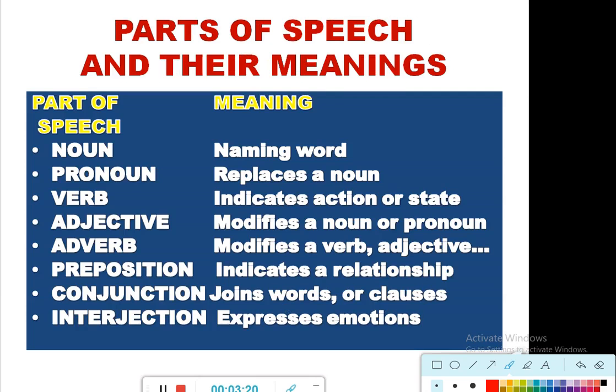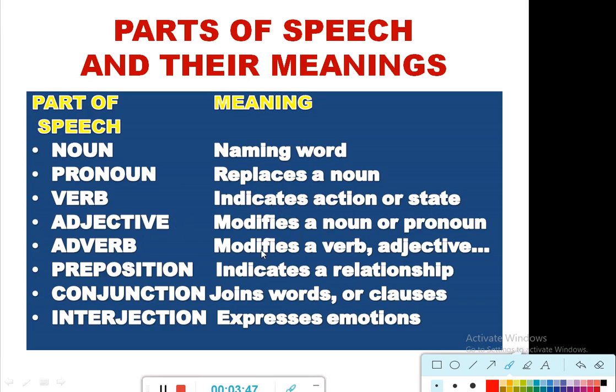Now let's look at parts of speech and their meanings. A noun is a naming word. A pronoun replaces a noun in a sentence. A verb indicates action or state. An adjective modifies a noun or a pronoun. In other words, an adjective describes people or things.